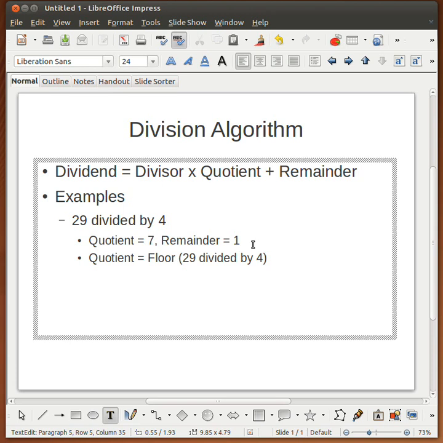Simple. So 29 divided by 4, in your mind you might think it's 7.25. Take the floor of that and you got 7, which is this quotient. So that's how you get the quotient. So I would rewrite this as floor of dividend divided by divisor.